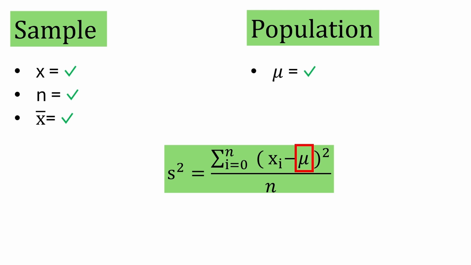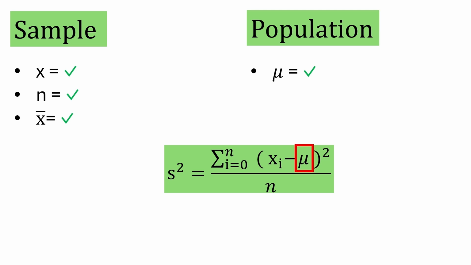And in this case we are not required to include Bessel's correction, because Bessel's correction is used to counteract the decreasing bias introduced by using the sample mean. But here we are using the population mean, that is the true mean, which is a fixed value apart from the sample, so it will not add any decreasing bias to our estimate.